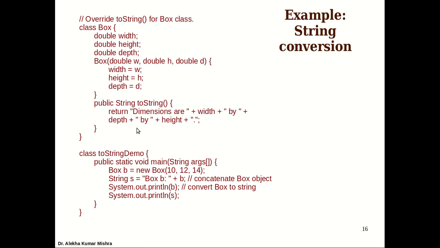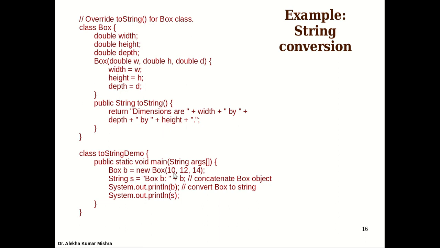For a user defined type we need to define this method to do this automatically. Here we are simply printing out the dimensions, because we want to convert a Box into string type, so we print the dimensions in string version: width by depth by height. That is one type of representation.